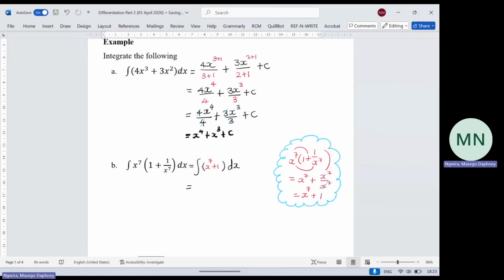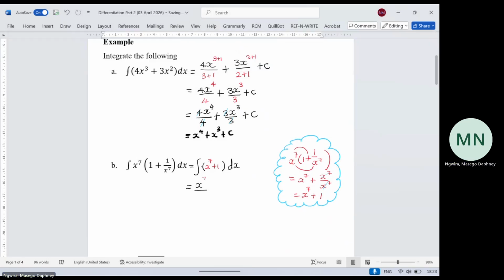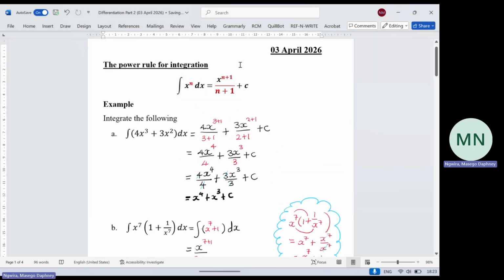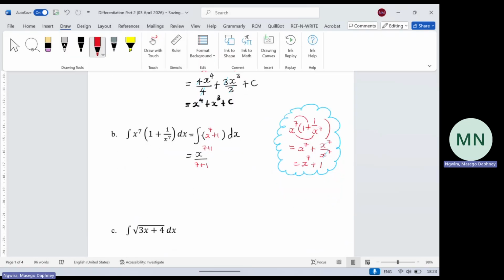And now we integrate each and every one of them, remember? So this will be x to the power of 7 plus 1 over 7 plus 1. What am I doing? I'm following the power rule of integration. Then we say plus, that's 1.